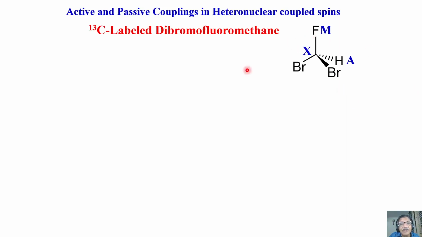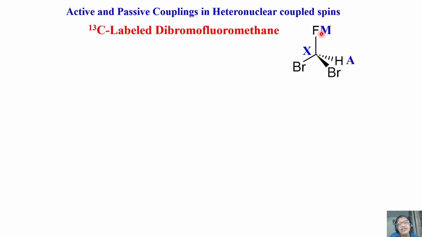Then this is also an abundant spin, so I can see its coupling to the others easily. If it is natural abundance, 1%, then normally we don't see the coupling. We see it, but we don't worry about it because they are satellites. Satellite analysis we do only if it is important, otherwise we don't bother about it.